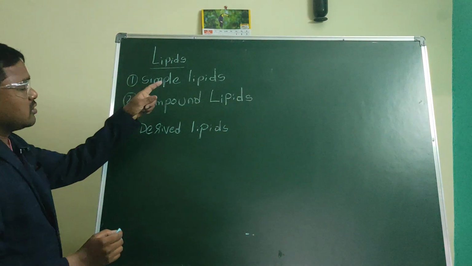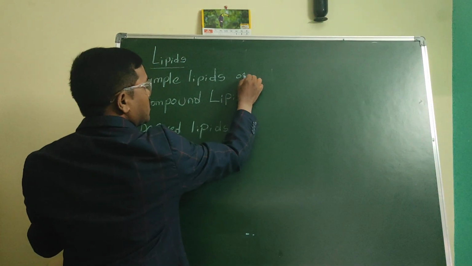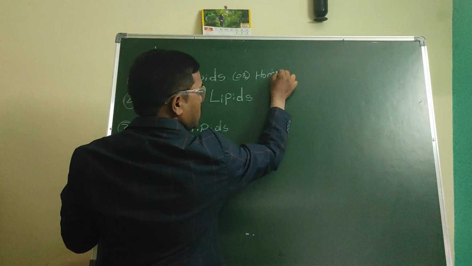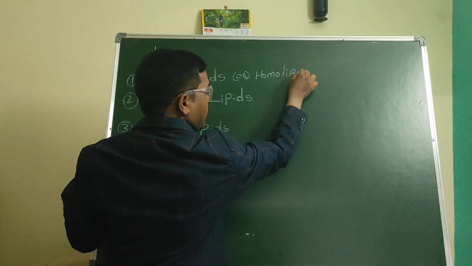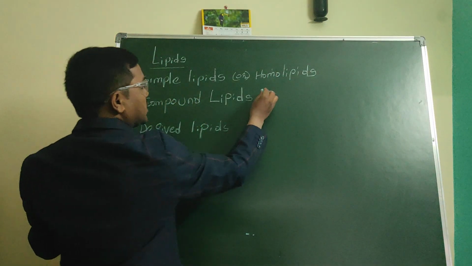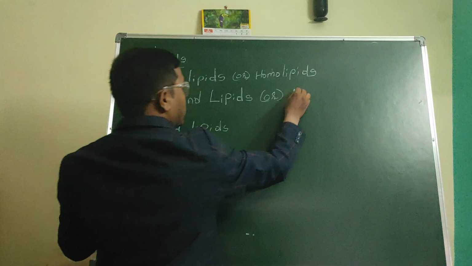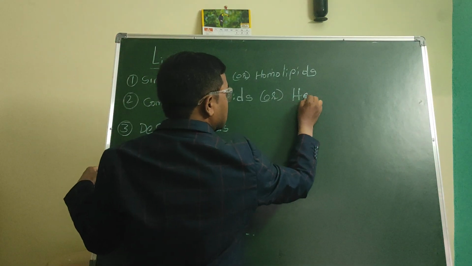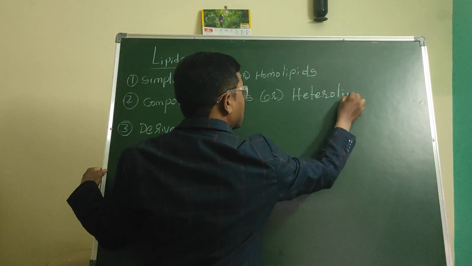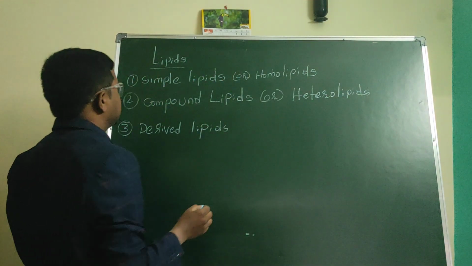Simple lipids are also called homolipids. Compound lipids are also called heterolipids.